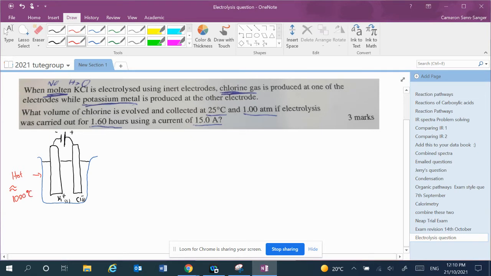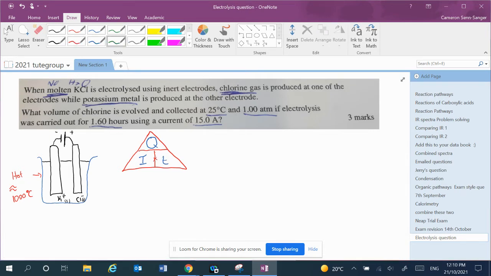A good way to get started is to think about Faraday's laws. Now, I'm a big fan of formula triangles. There are three formula triangles that we're going to be using. One says the charge in coulombs comes from the current times by time.